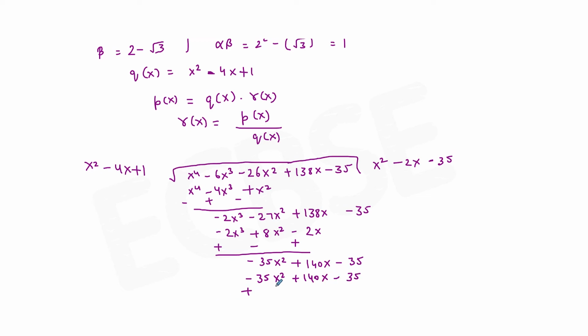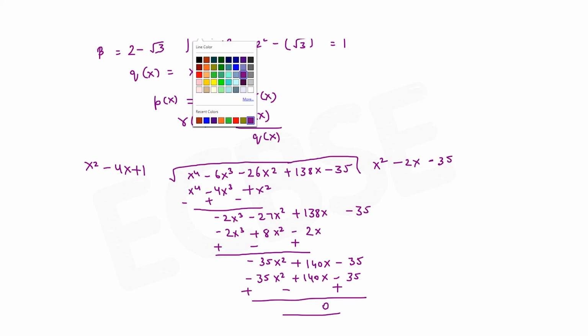Now changing the signs, these three terms will cancel out with each other, so we obtain 0 as our remainder. The quotient of this division, x^2 - 2x - 35, will contain the other two zeros, which means we need to find its factors in order to find the zeros of the polynomial p(x).